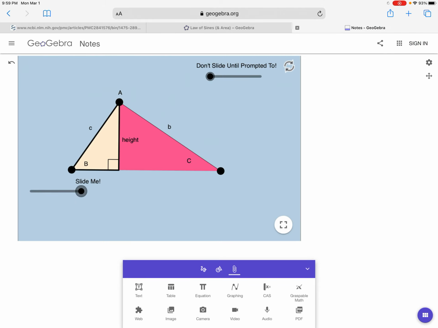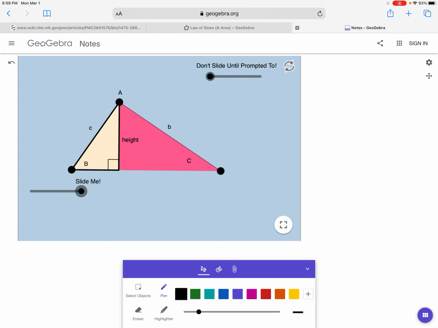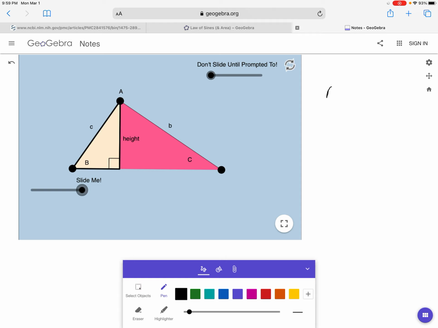So we know that area equals 1/2 the base times the height. In this case, our base is A. So area is 1/2 A times the height. How do we find the height of this triangle?